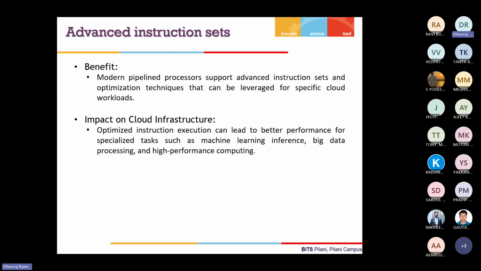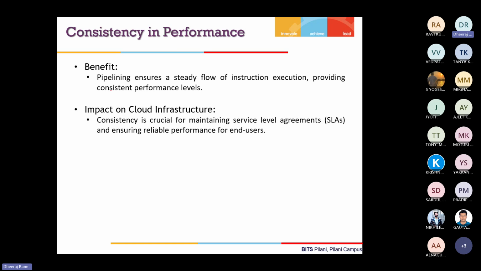Obviously, we'll need some advanced instruction sets for this, but that will be taken care of by the processor manufacturer and utilized by your OS writer, your hypervisor writer, or your compiler writer. And consistency in performance is quite obvious.